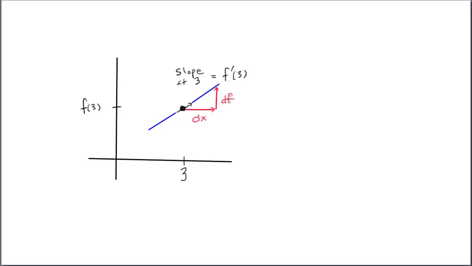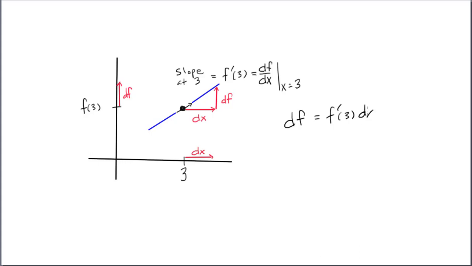But here, I just want to do the relationships. So, dx is just a change in the x-axis. df is just a change on the f-axis. And then their ratio is my slope. Of course, in Calc 3, we can't divide vectors, so we want to just rewrite.